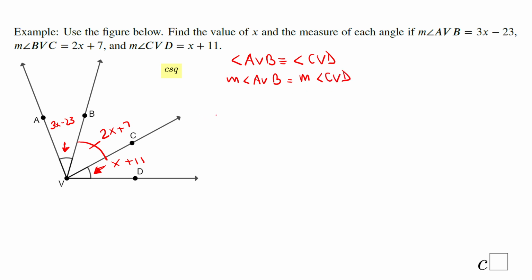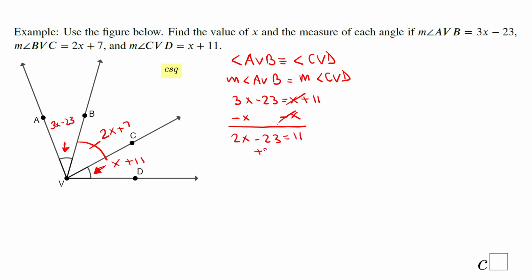And of course, you can write this statement, 3x minus 23 equals x plus 11. This statement will allow us to find x, because now I will subtract x, that's my way, to get rid of this x. Don't forget to do that on the other side, and we have here 2x minus 23 equals 11.